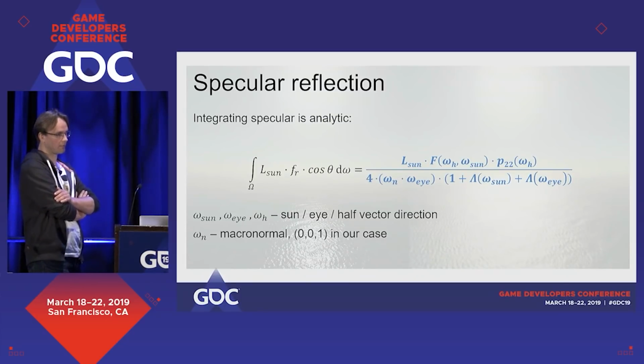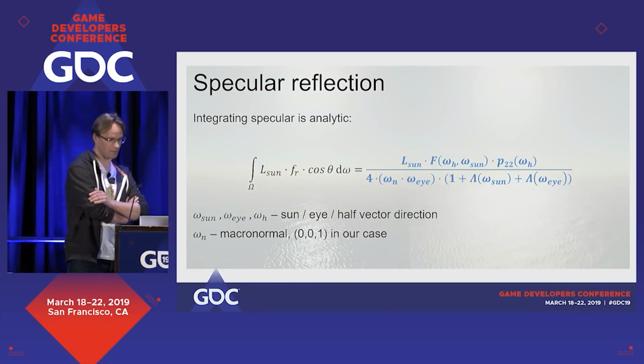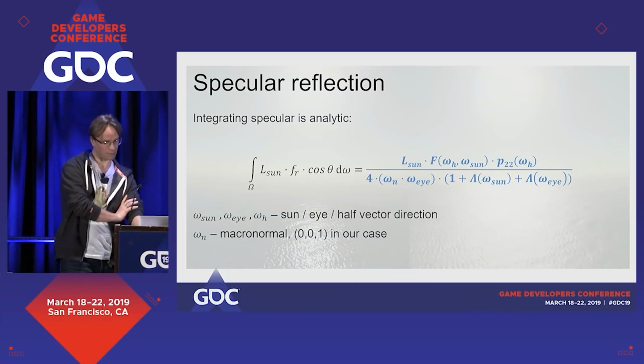Now we can calculate the specular reflection. We are very lucky. The specular reflection integral over the hemisphere is just analytic, right? Because we only have one light source. It's the sun. We take this PDF, we take into account those masking and shadowing factors that we are going to talk about a little later, and we calculate this scary formula.